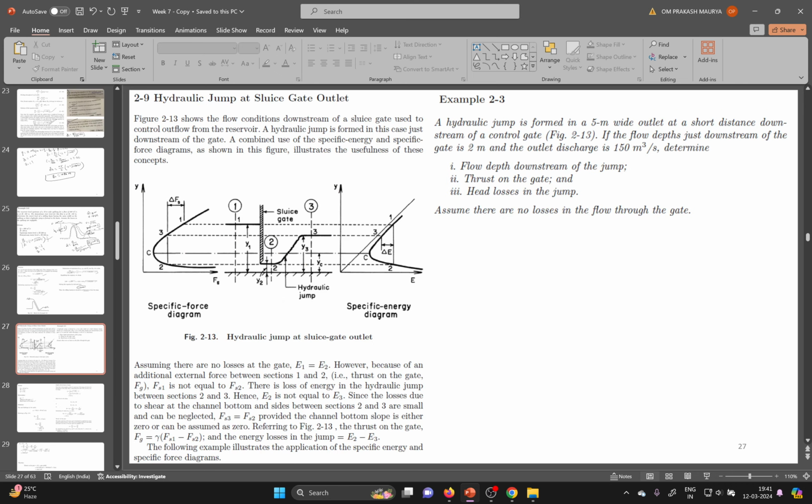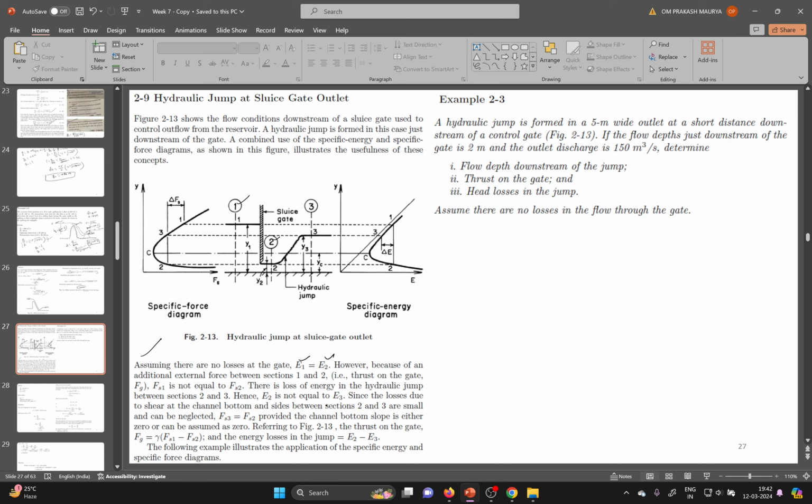Now the hydraulic jump at a sluice gate. This is also important. Now I will discuss the concept of the hydraulic jump at a sluice gate. At the sluice gate, this line is very important: assuming there is no loss at the gate, E1 and E2 will be the same.